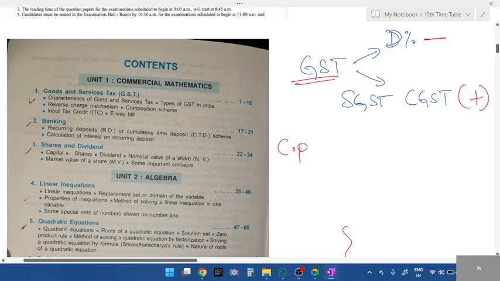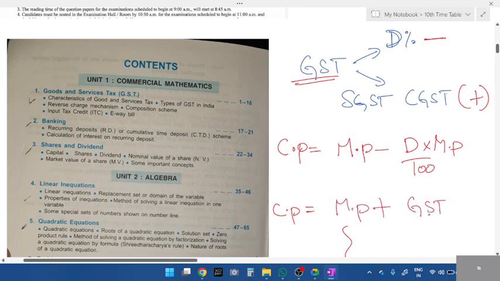So final cost price, whenever discount is given: mark price minus discount percent into mark price divided by 100. Whenever you want to calculate GST or SGST or CGST, we need to add: mark price plus GST percent divided by 100 into mark price.